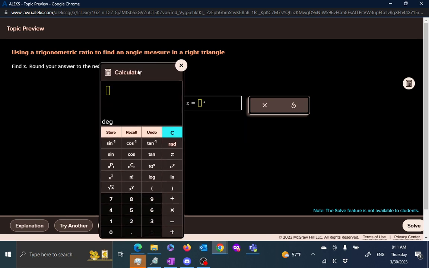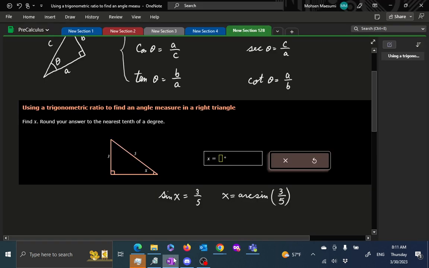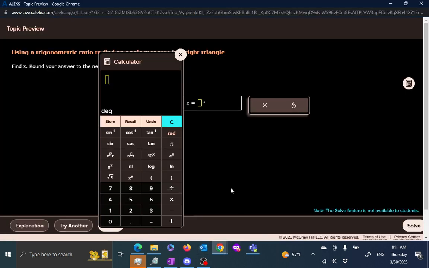If it's in radians, then make sure that you click that to convert it into radians. But here we are asking this. Let me actually make sure that that is what we wanted to do. This one, it looks like they are all in degrees. So let's go back here.